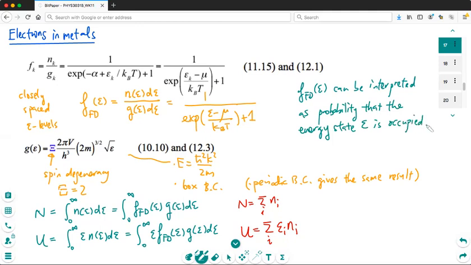Okay, so I say probability, so you will see very soon that it really has this nice feature, because this function has a range between 0 and 1. So very, very nice. You can just think like this.